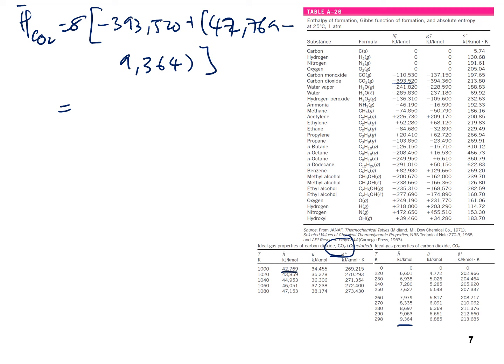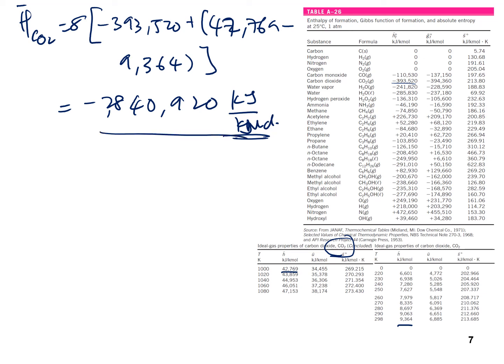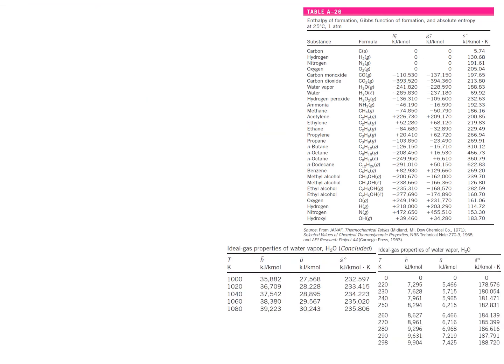Berapa tu? Negatif 2840 lagi 920 kilojoule per kilomol ya. Alright. Tolong ingat nombor tu ya.